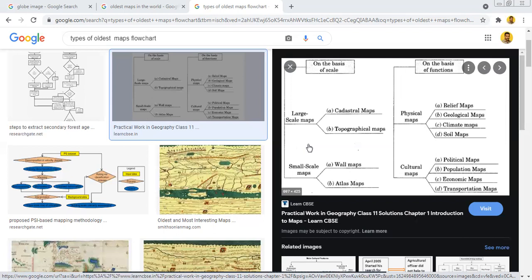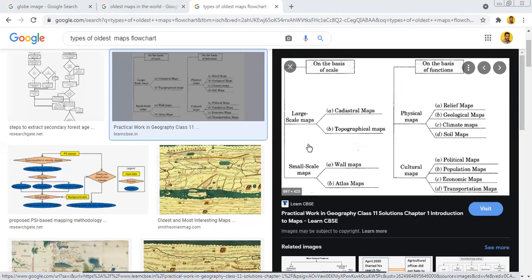They prepared maps on clay tablets. Clay tablets means with the help of clay, they prepared a small block and drew the information on it.